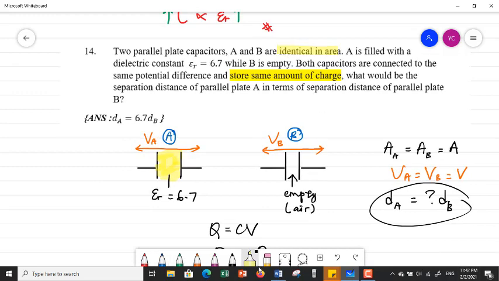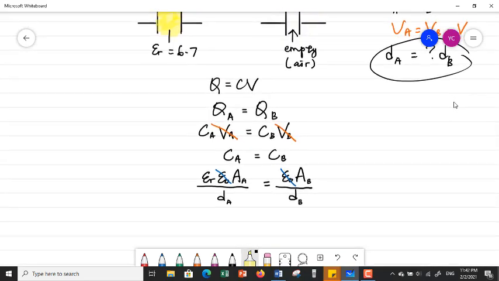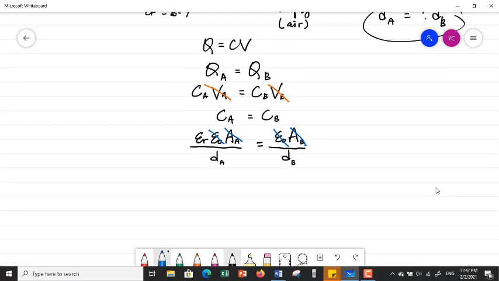So I'll be left with epsilon R over dA equals 1 over dB.